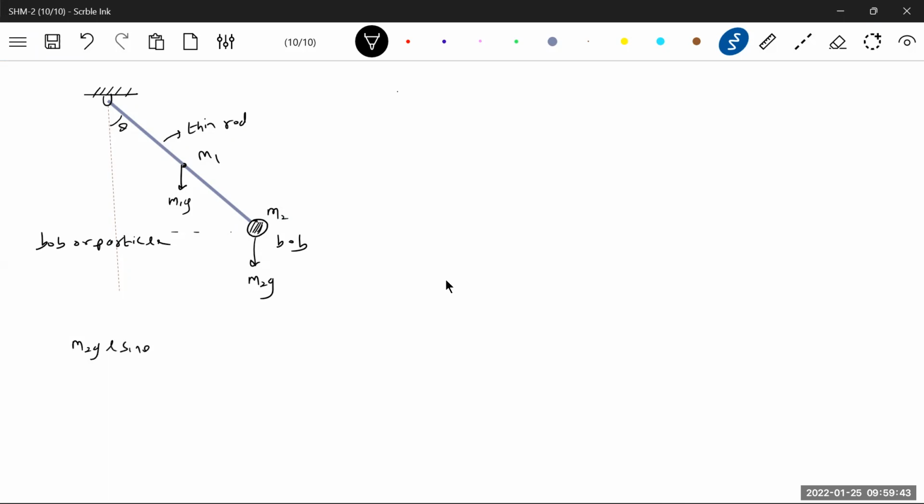M2g L sine theta plus M1g L by 2 sine theta is equal to I naught alpha about the point of suspension. So this will be M2g L theta, L by 2 theta. Moment of inertia, what shall I write? That of the rod will be M1 L square by 3.